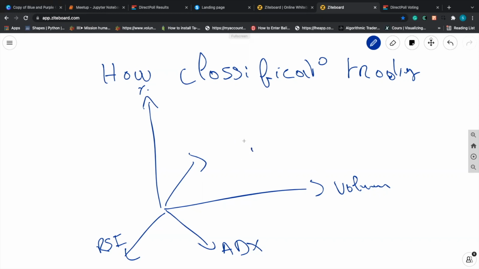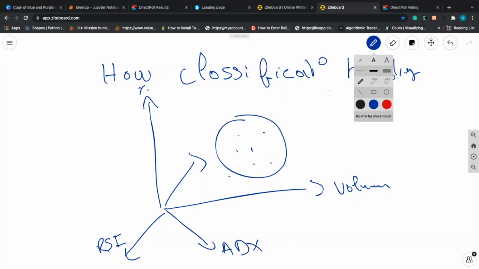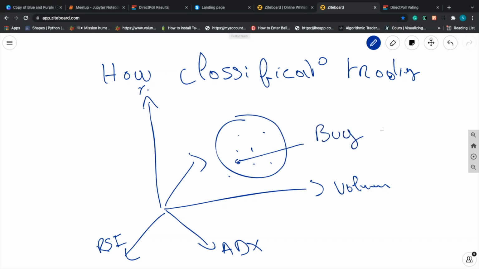Let's say this data point has shown a high profit. As soon as you get a new data point within this same cluster, we are going to classify it as a buy signal, and that's going to tell the algorithm, the automation, or the robot, you have to buy the market. And that's exactly what we are going to do today.